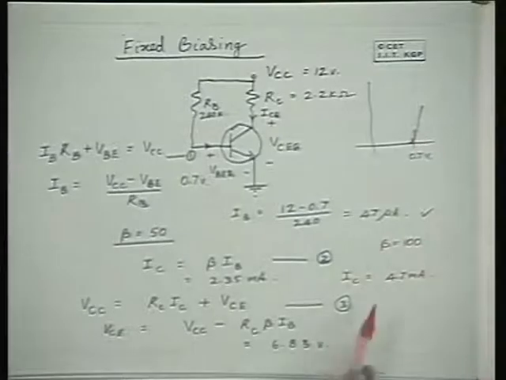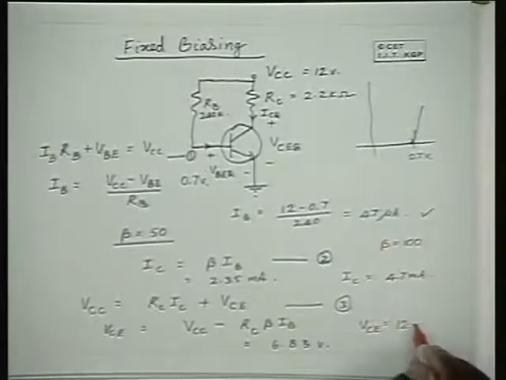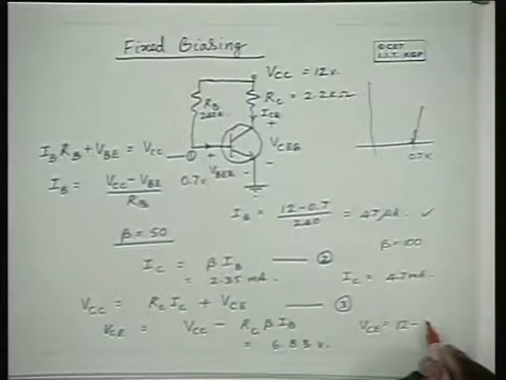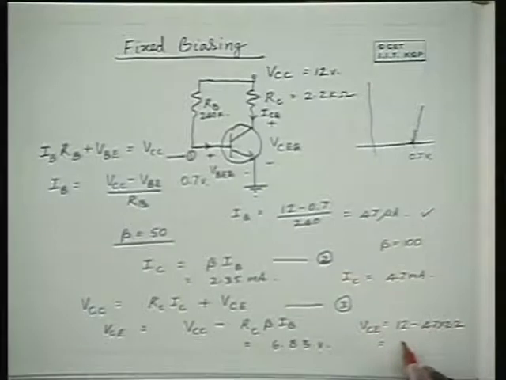With IC equal to 4.7 milliamperes, how much would be VCE? VCE is 12 minus IC into RC, that means 4.7 into 2.2. How much is that? It is 1.9 volts.